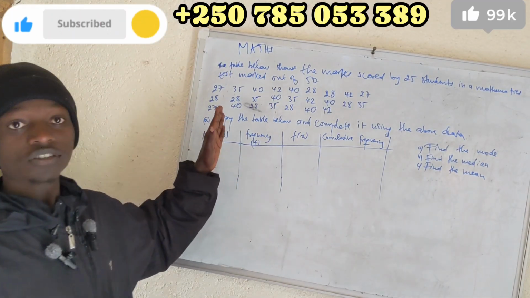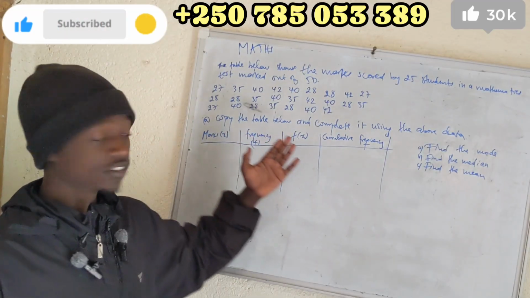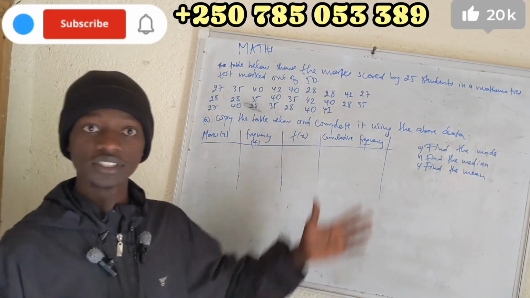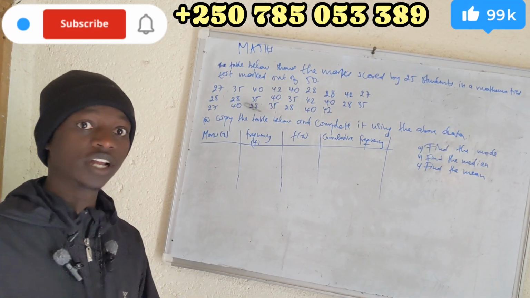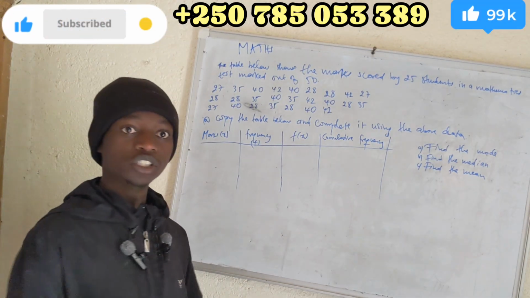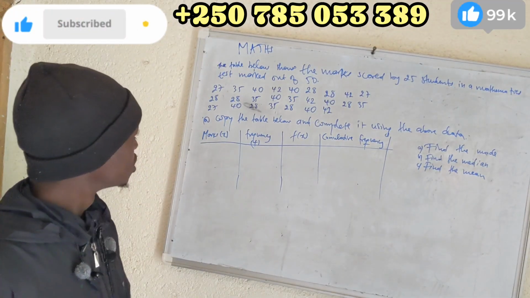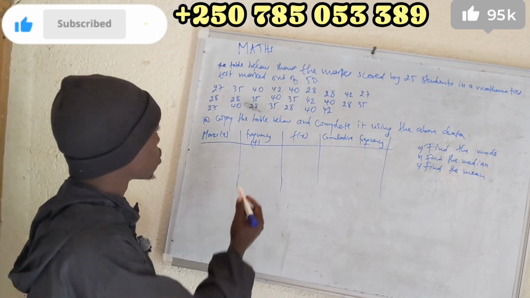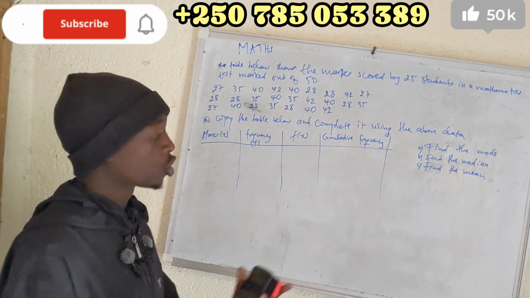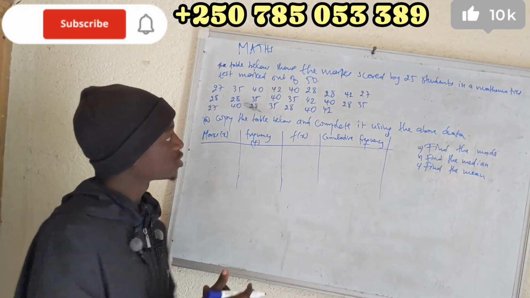So here we have some students who scored 27, 35, 40 out of 50, different marks scored by different students. We have been asked to copy the table and complete it using the above data.